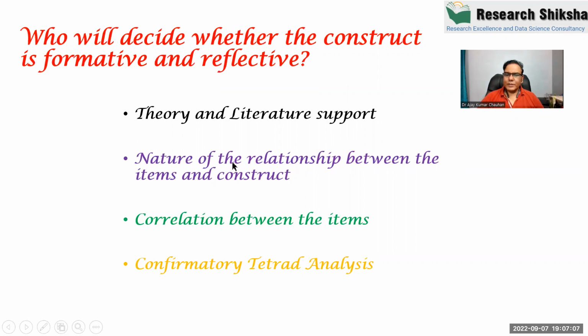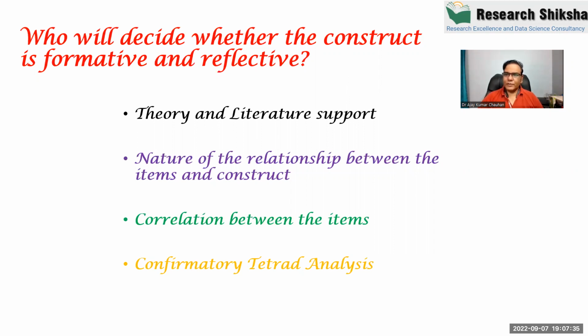And sometimes the nature of the relationship is also telling you. Correlation is one of the important statistics which tells you whether the construct is formative or reflective. The formative construct has very low correlation between the items, and the reflective construct has a very high level of correlation between the items.